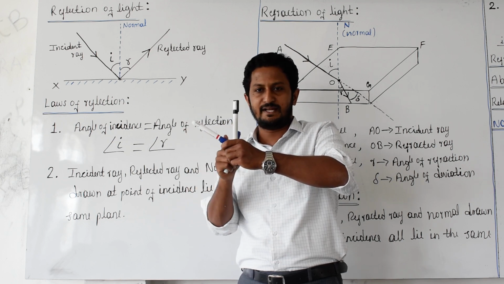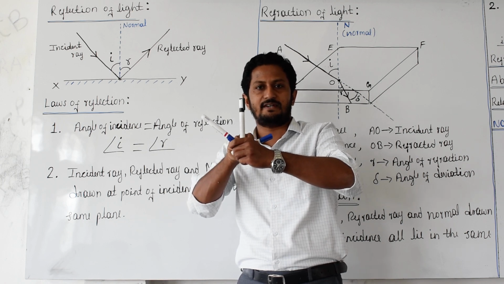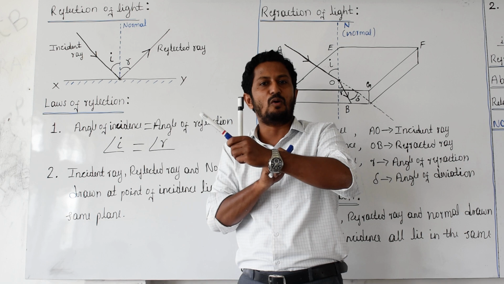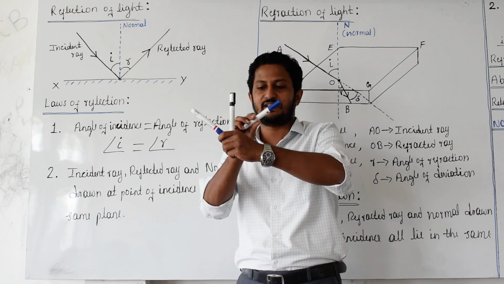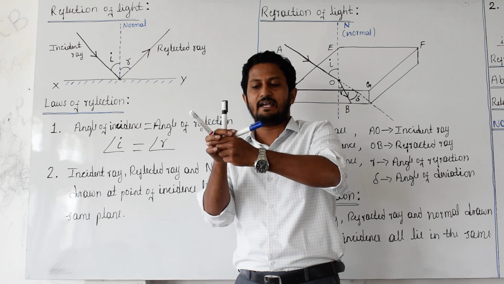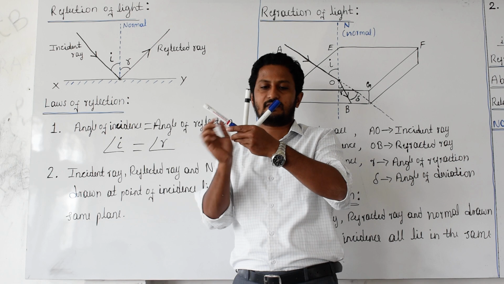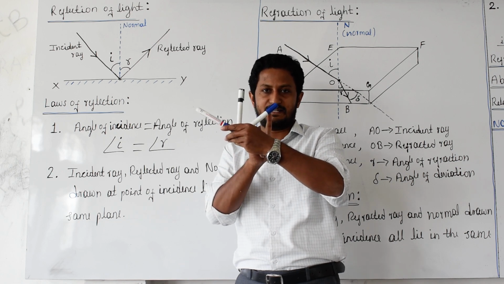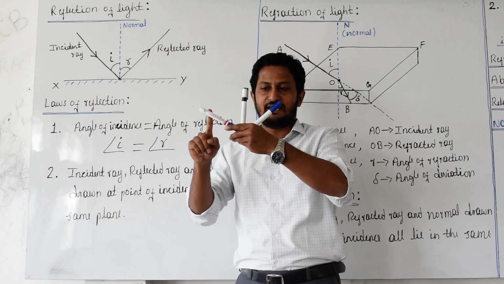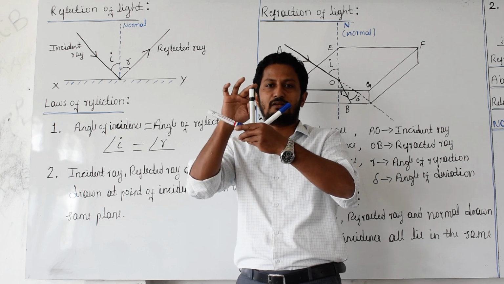Now it is coming and going to hit here. Yes, it got hit here. Now it is going to bounce. How is it going to bounce? You see here, that is the reflected light ray. This is incident, this is reflected, and this one is the normal.